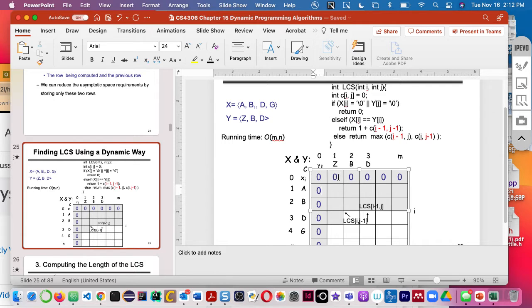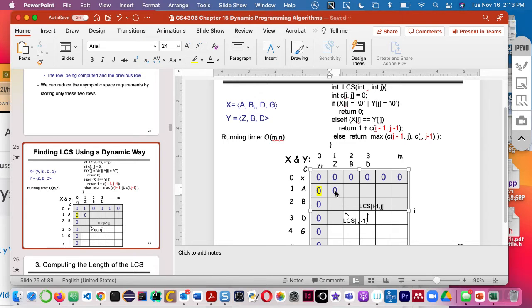Here A and G do not match, so this cell value will be the max of this one and this one, which are 0 and 0, so the max of 0 and 0 is equal to 0.